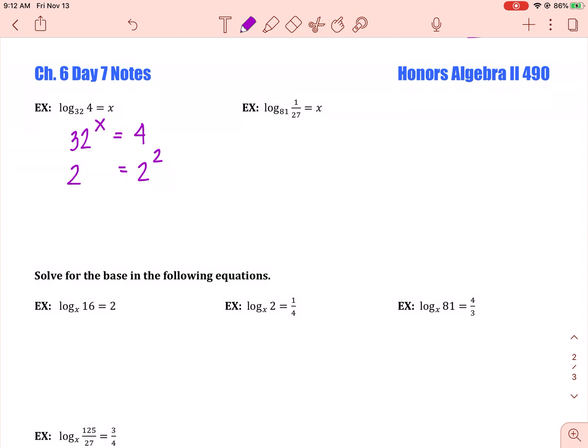Well, I can. 32 can be written as 2 to the 5th raised to x. Power to a power, multiply those exponents. You have your like bases. Set your exponents equal. X would equal 2/5.